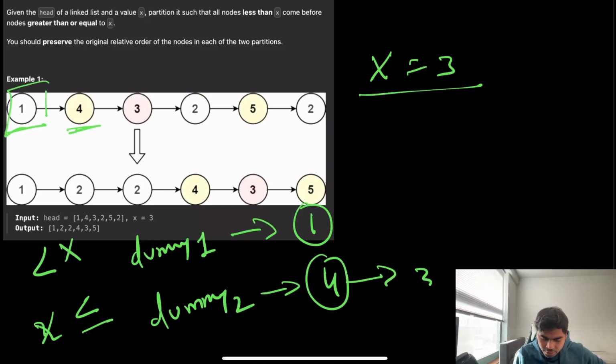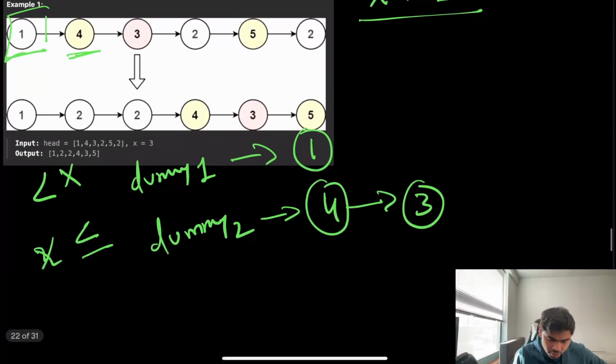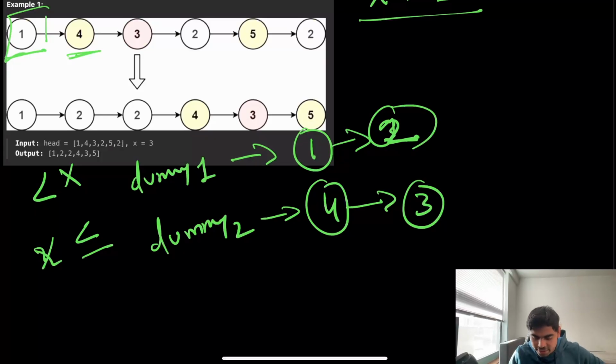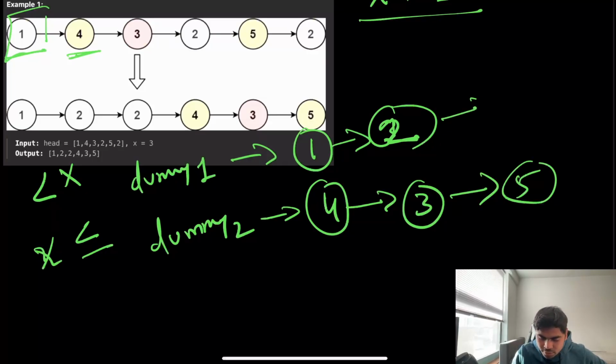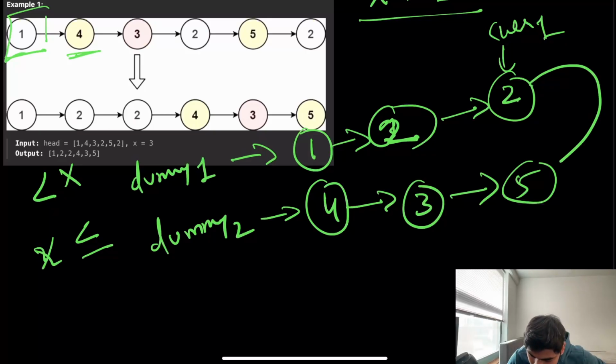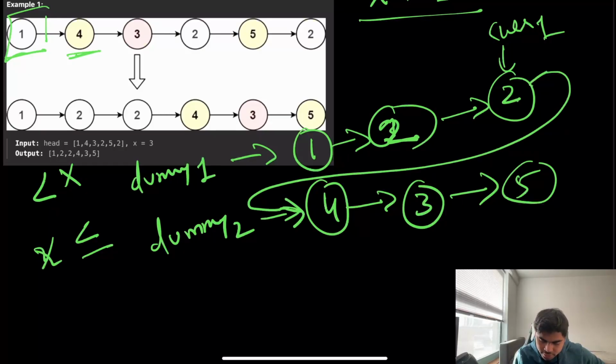Then 3 will come over here, 2 will come over here, and then 5 will go to dummy 2, and then 2 will go to dummy 1. In the end, the current pointer for dummy 1, which I can call cur1, will point its next pointer to the beginning of dummy 2, so dummy2.next.